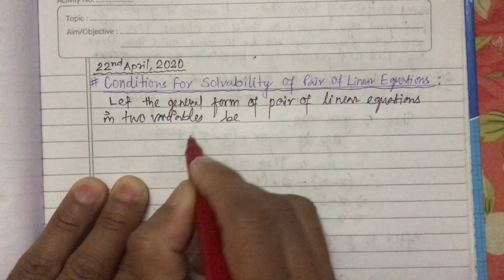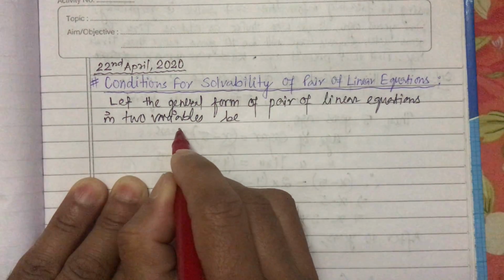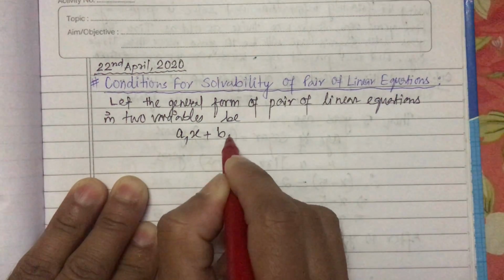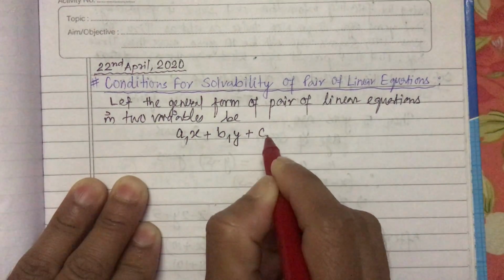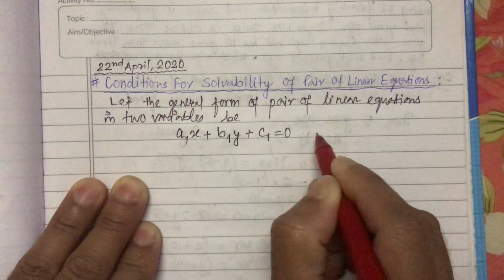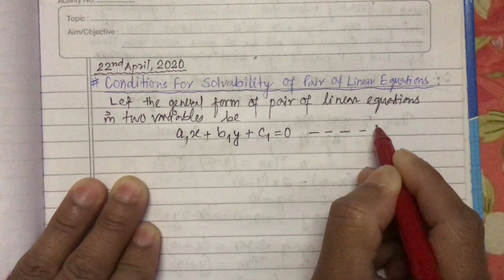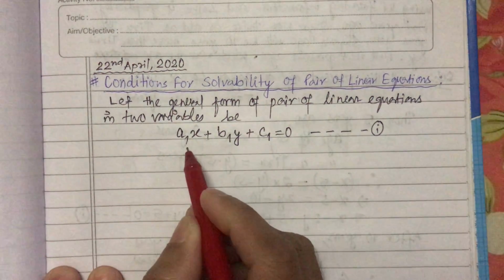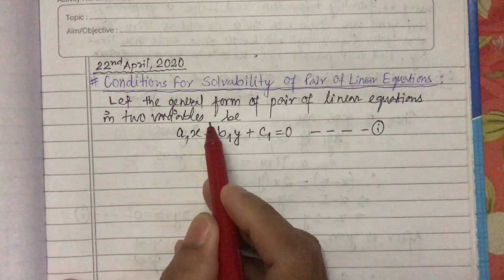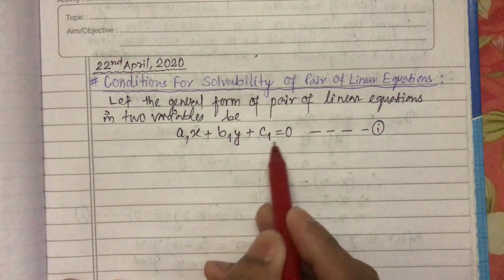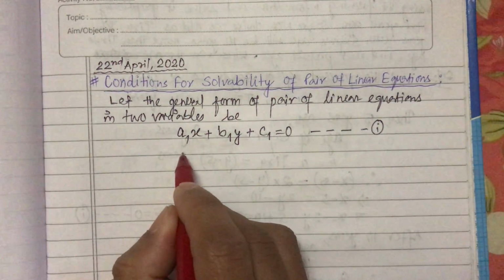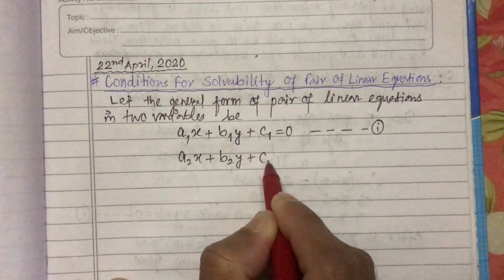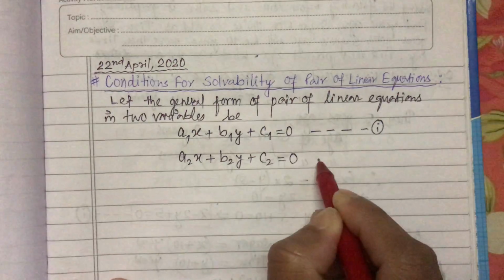The same thing I will use, a1x plus b1y plus c1 is equal to 0. I'll mark it equation 1. In our previous discussion also we have represented the general form by this expression, and the second equation, a2x plus b2y plus c2 is equal to 0.